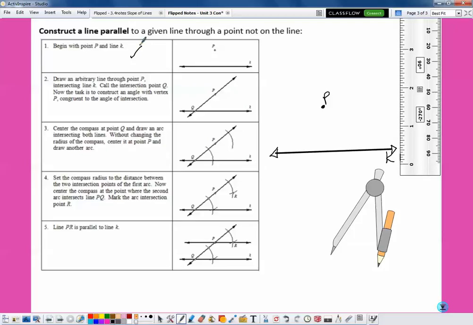Draw an arbitrary line through point P. So basically, I'm just going to connect P to the line that I already have.